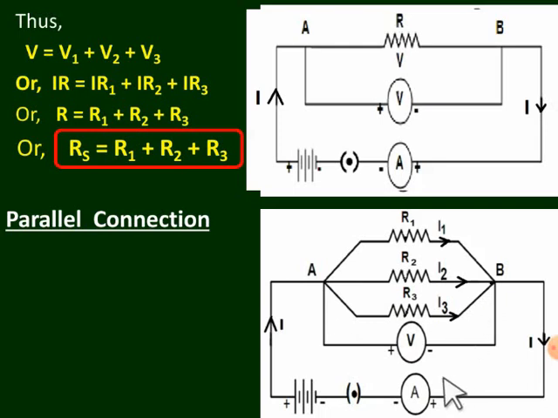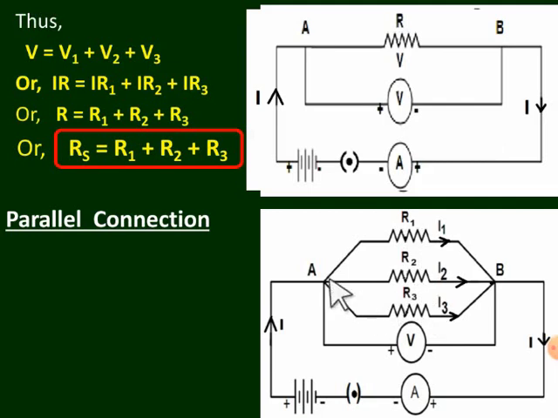Got it? So now the special property in the case of this parallel connection is that different currents will flow, no doubt, depending upon how much opposition is offered by these resistances R1, R2, R3. But here the same potential will be there across the different resistors. Okay, the potential difference V will also be the potential difference for R1, for R2, and for R3.